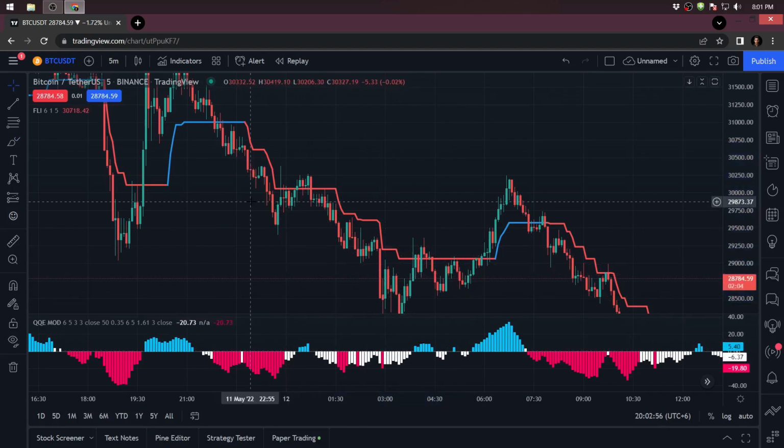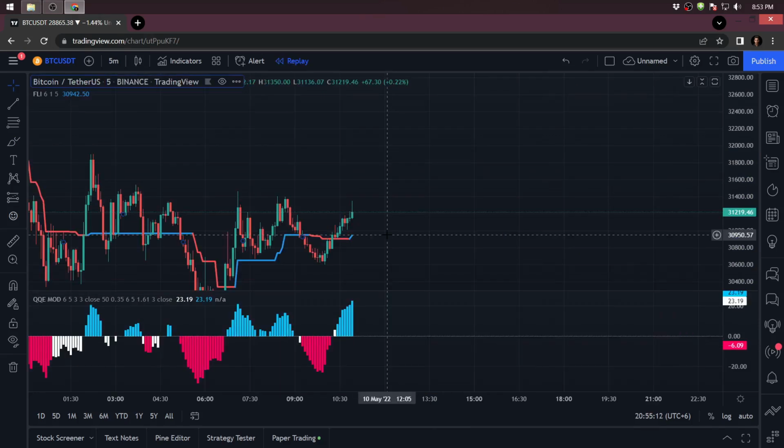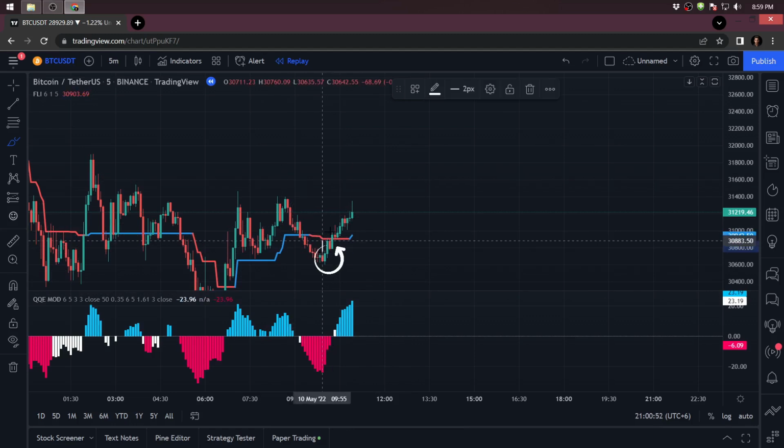Alright, so now let's see how you can generate buy and sell signals with the two indicator and two time frame combination. First you have to make sure the time frame is 5 minutes. And for a buy signal you must remember some confirmations. The first confirmation is the price must cross up the Follow Line indicator trend line, and the second confirmation is the trend line color has to switch to blue.